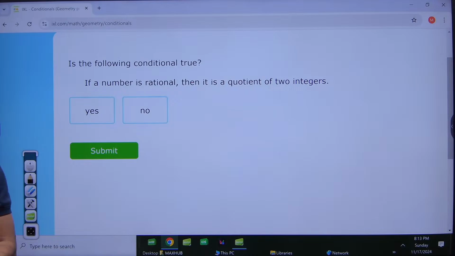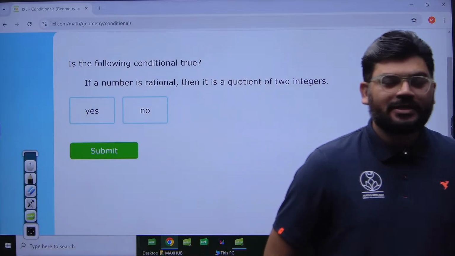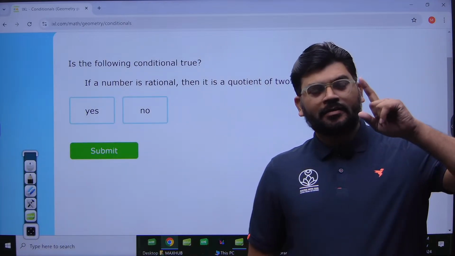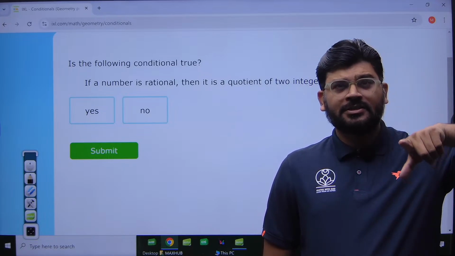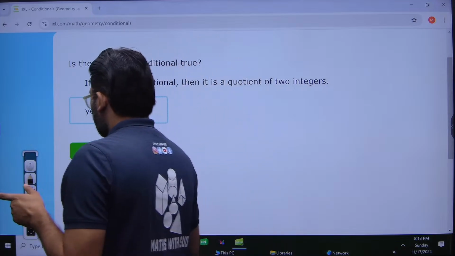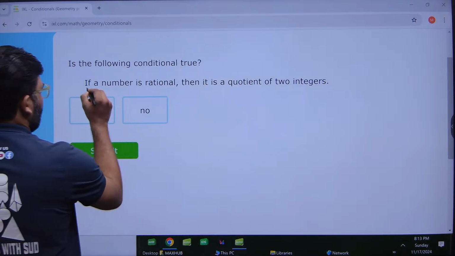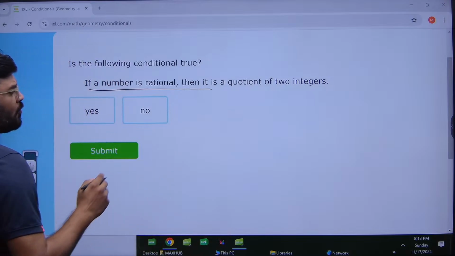I told you there are two types of rational numbers, one was repeating and the other terminating. A rational number is a number which can be written in the form p by q, where p and q are integers, but q is not equal to 0. So if a number is rational, then it is a quotient of two integers.